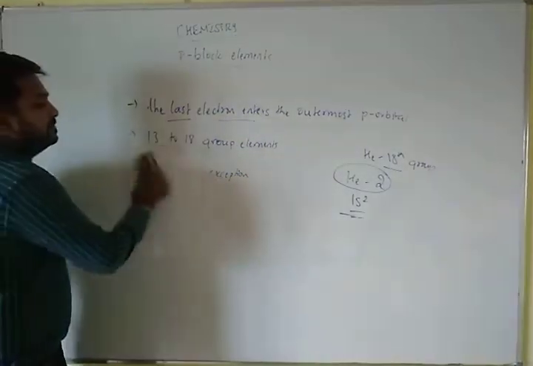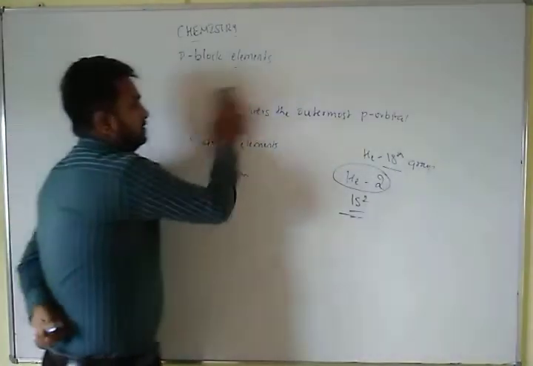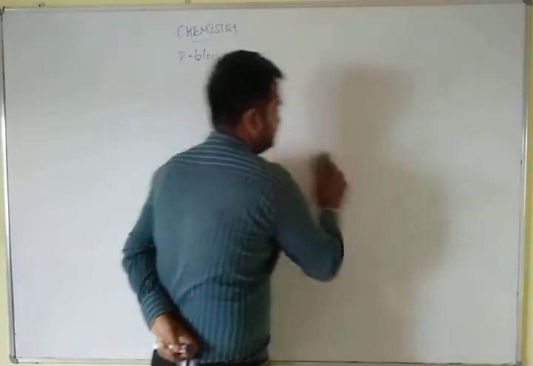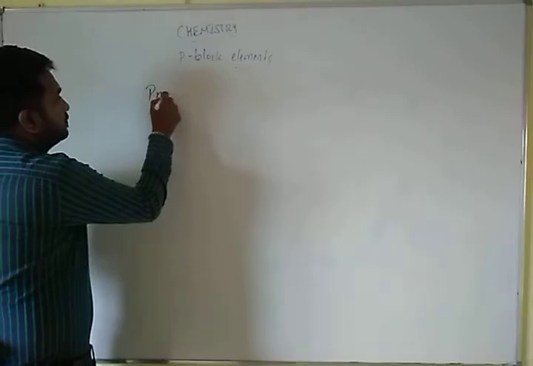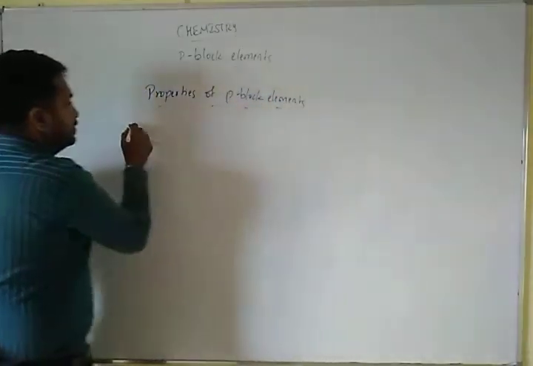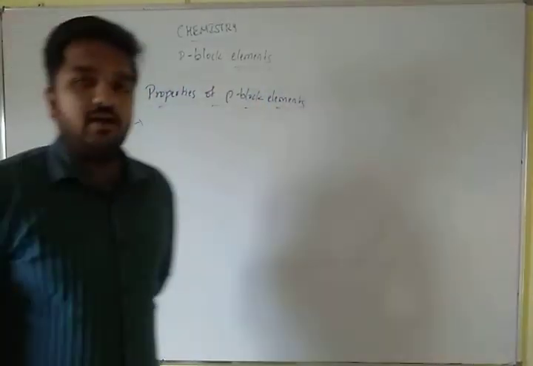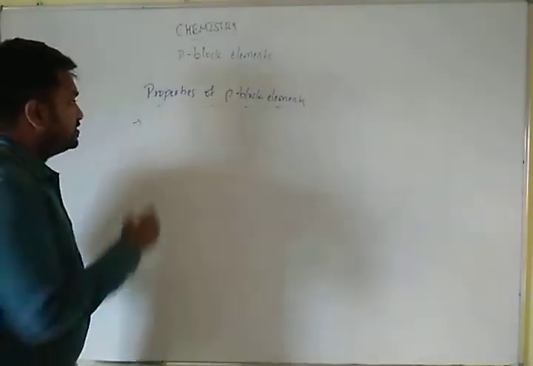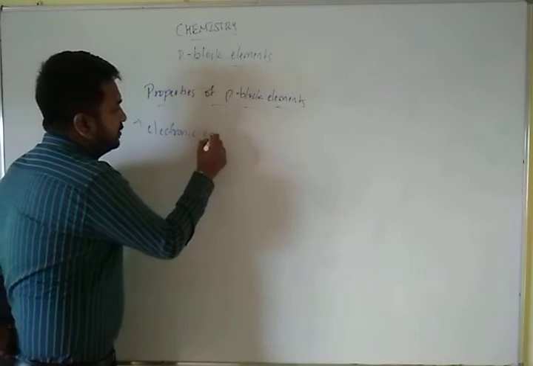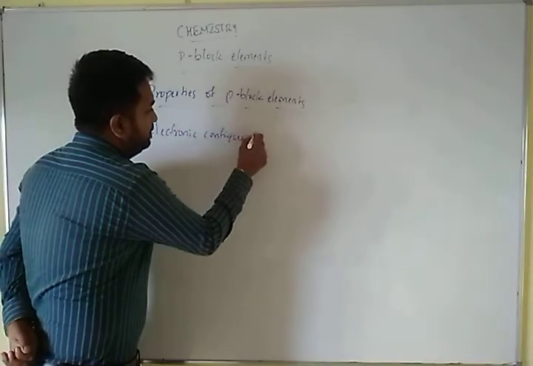Now let us look at the properties of P block elements. Coming to the properties, let us look at the electronic configuration, that is, the general electronic configuration of P block elements.